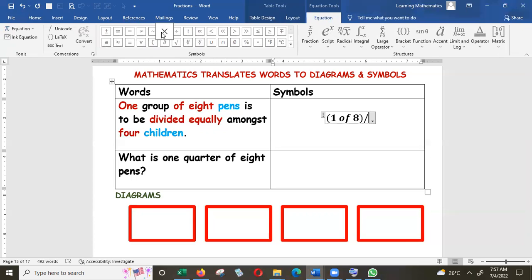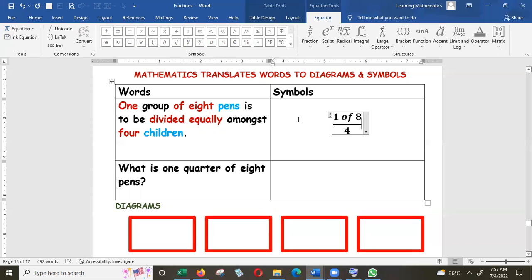You can use this symbol for divide, or you can use a horizontal line. By 4 children. One group of 8 is to be divided equally amongst 4 children. So this can be a symbolic translation for this. And by the way, we still have the word of there, and it has a symbol.